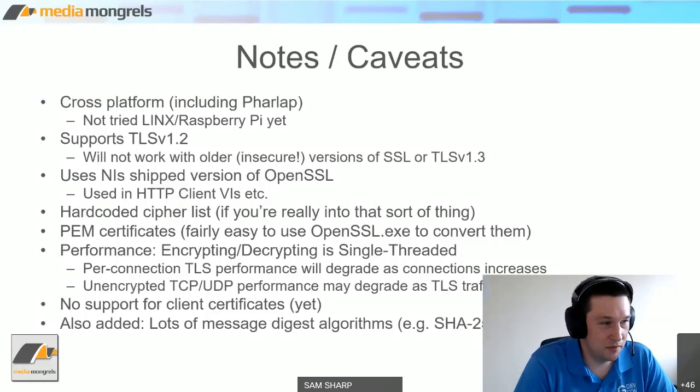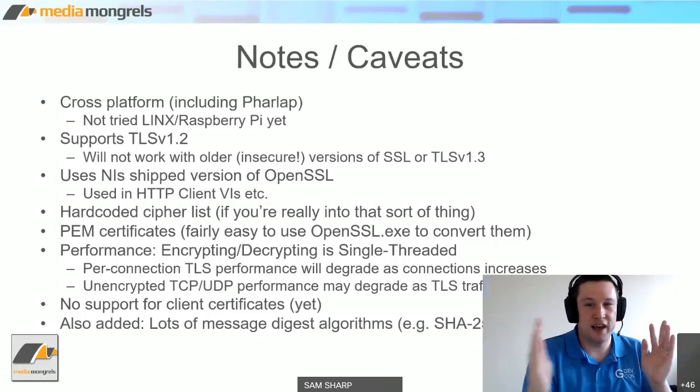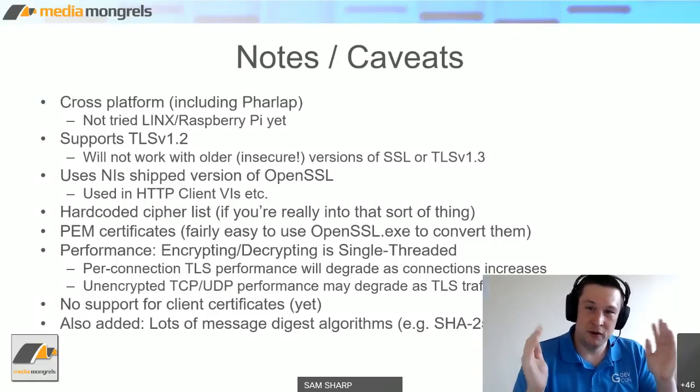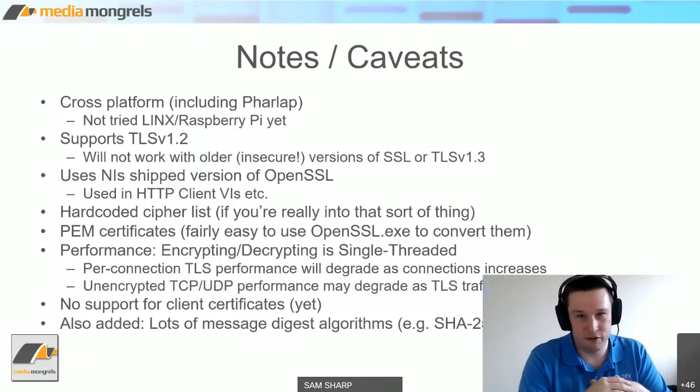Performance-wise, I wasn't sure if this has changed at all, but the encryption and decryption is single-threaded. As you increase the number of connections, it's all going through a single thread for encryption and decryption, so you can expect to lose some performance.